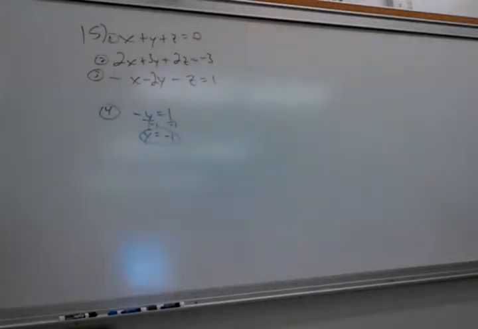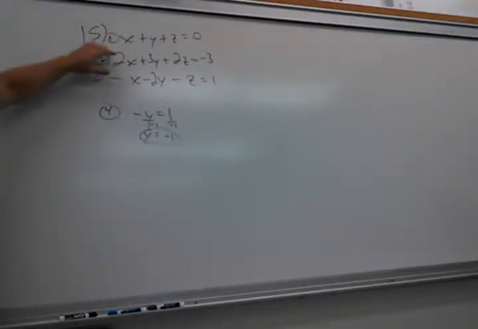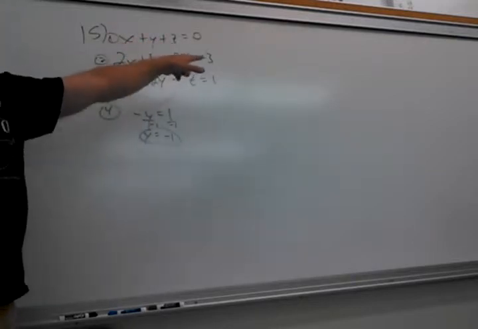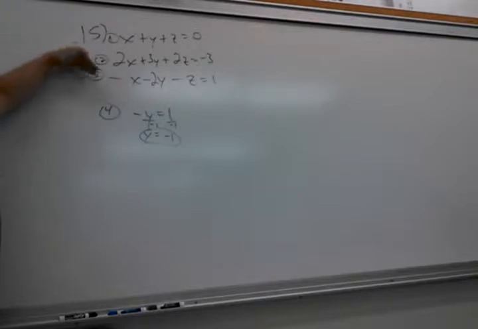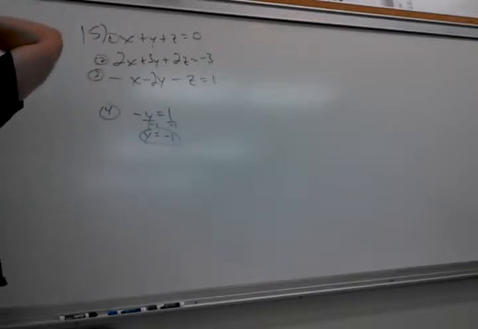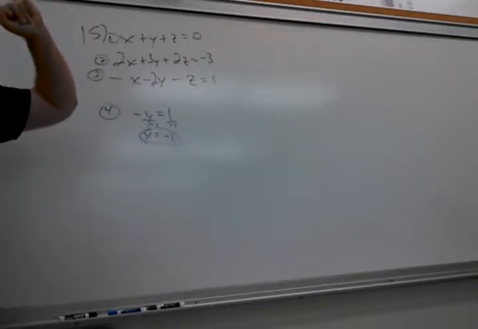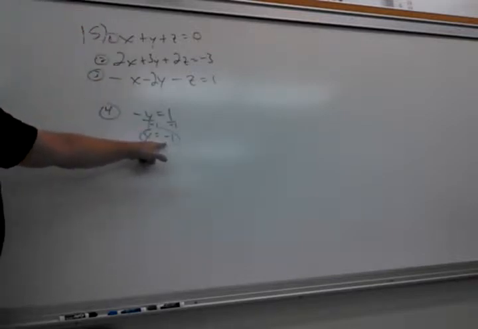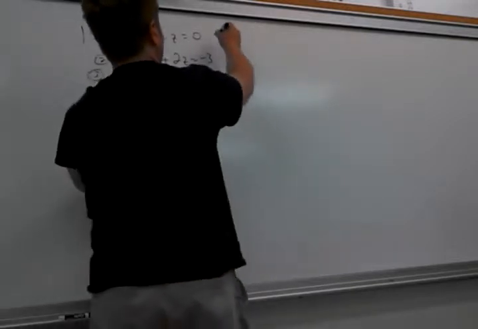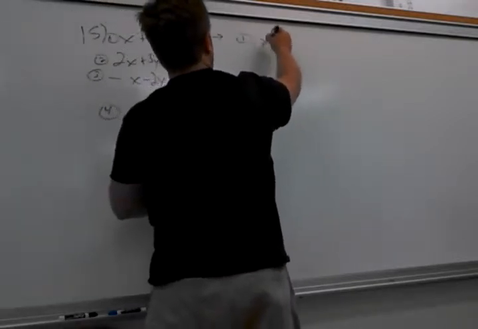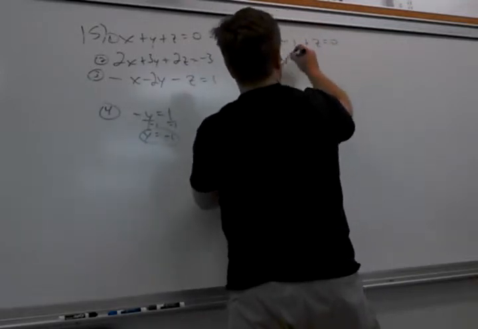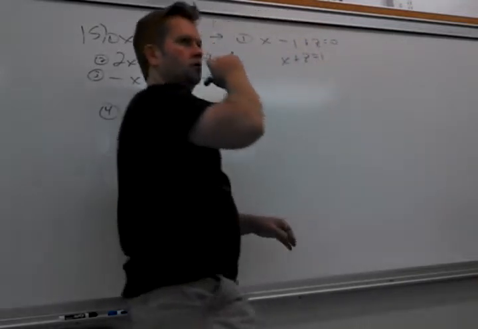Now here's what's really cool about when that happens. I can go back and choose any two of these and put negative 1 in for y, and I'll have two equations with x and z in them. Maybe don't pick 1 and 3, right? So maybe I could pick 1 and 2. I know y is negative 1, so how can I write number 1 now? x minus 1 plus z equals 0, so x plus z equals 1.